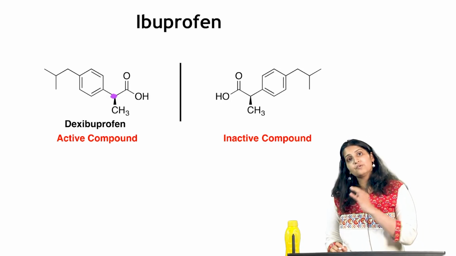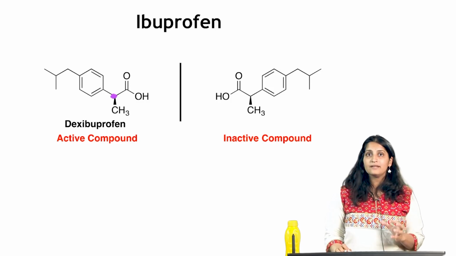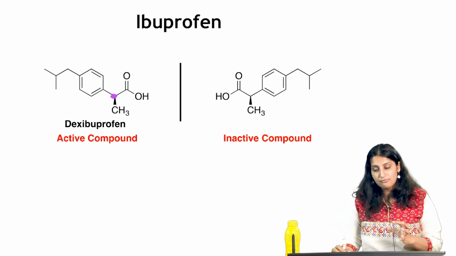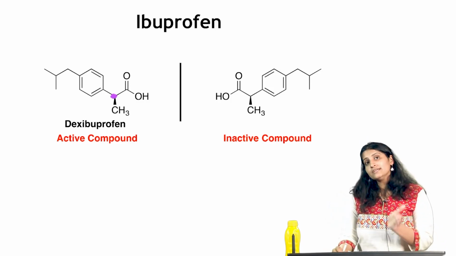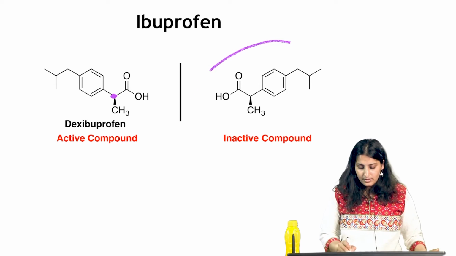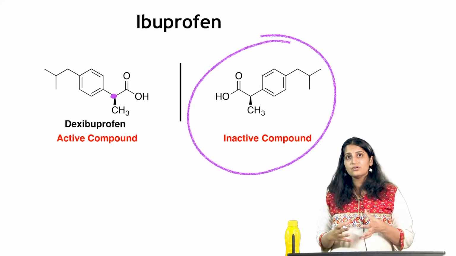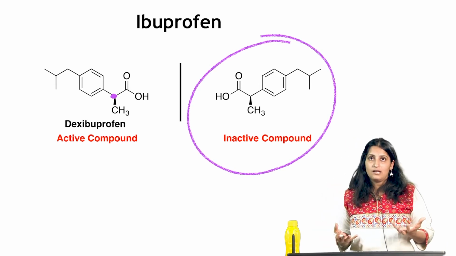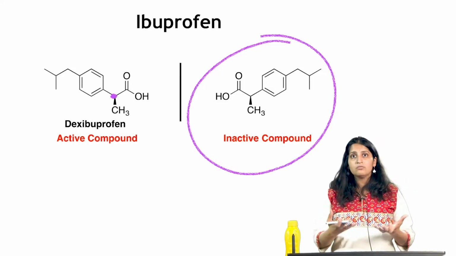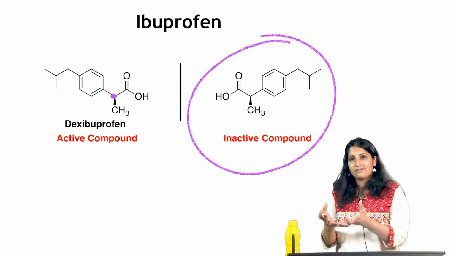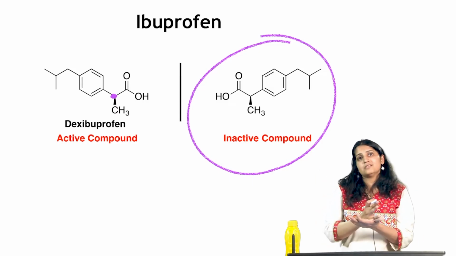So, dexibuprofen is the pain reliever or really the active molecule, whereas if you look at its enantiomer, this one here, it is not really active and it is not going to do anything. Okay.